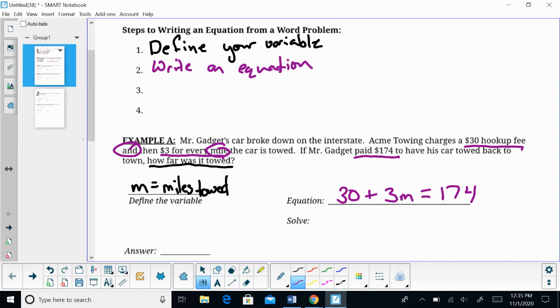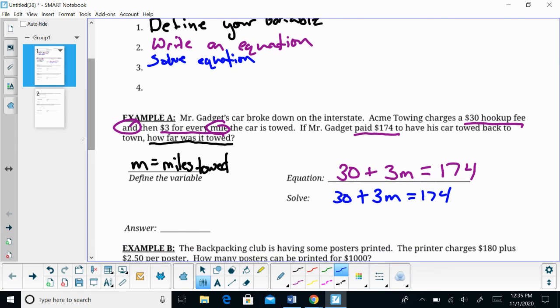So here's our equation. The next step is to solve the equation. So we're going to use what we know about solving 2-step, multi-step, and 1-step equations to do this. So I'm going to first rewrite my problem, draw my line down or build my wall.